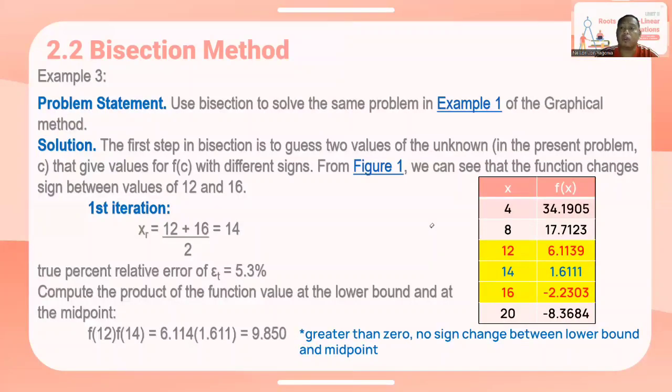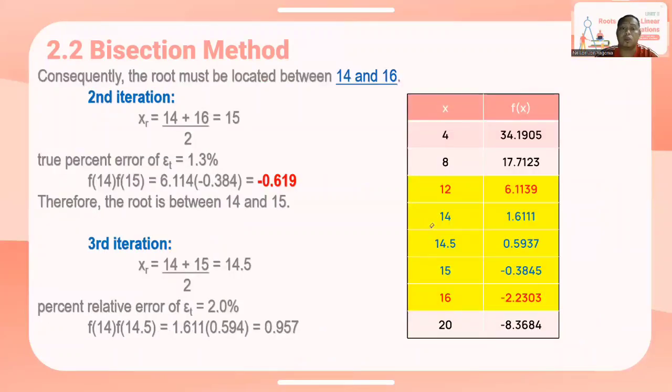In our first iteration, we got our new x sub r equal to 14. So in the second iteration, x sub r will now become 14 plus 16 divided by 2, which is equal to 15. And the percent relative error, or epsilon sub t, is equal to 1.3%.